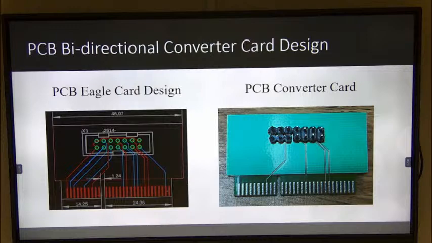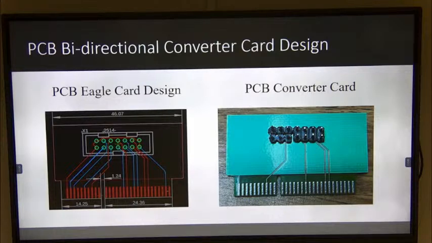In terms of the converter, the converter has an integrated microcontroller in a card that was not compatible with our system. So what we did, we developed a new card for that converter, and we designed the card from scratch in Eagle.